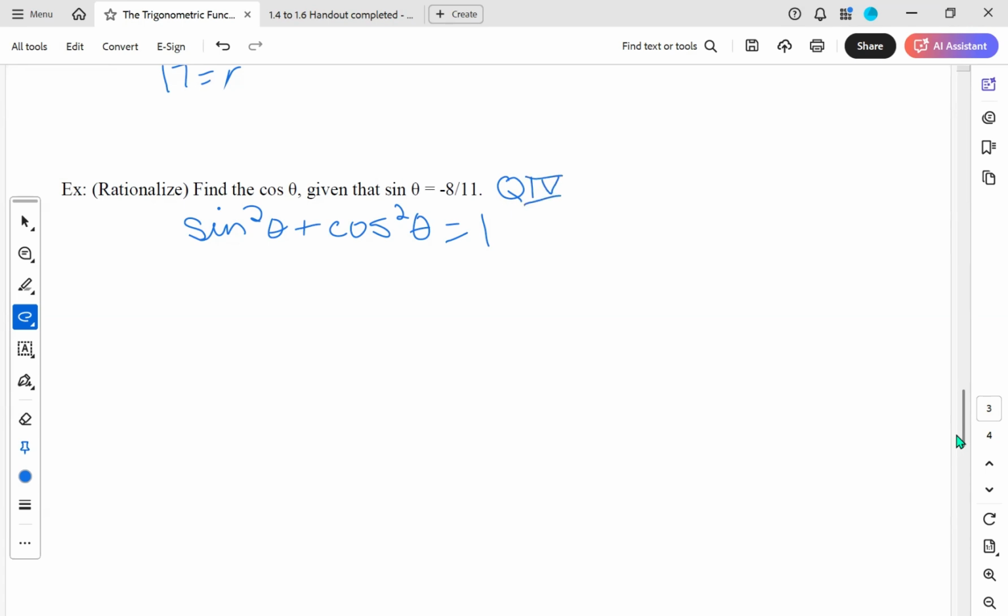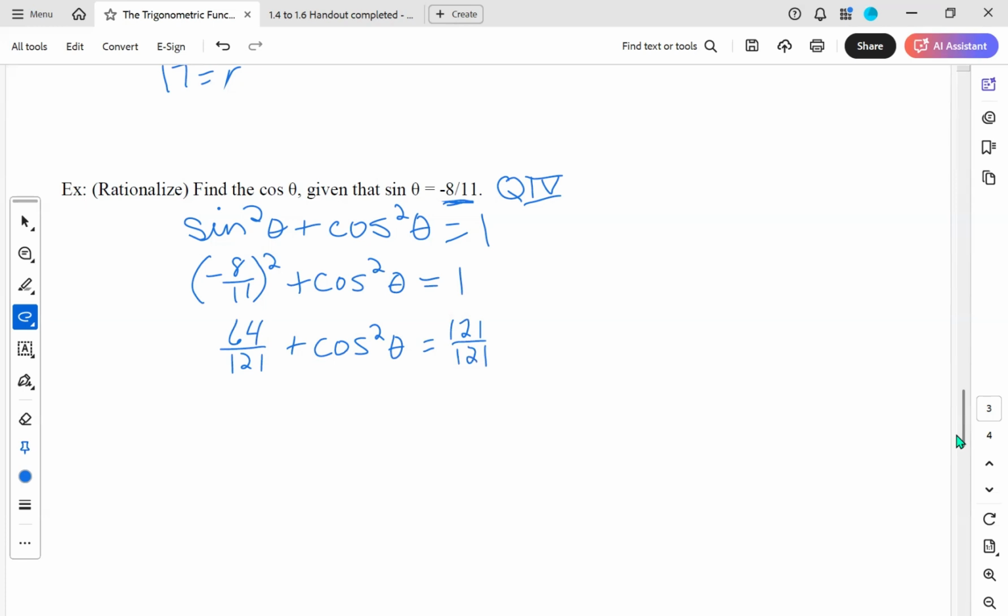Okay. All right. So here I can plug in for my sine. Again, this -8 over 11 is the value for sine of theta. So this would be -8 over 11 squared plus cosine squared theta equals 1. So this is going to give me 64 over 121 plus cosine squared theta is equal to, and I'm going to change this to 121 over 121 because I want those denominators to be the same.